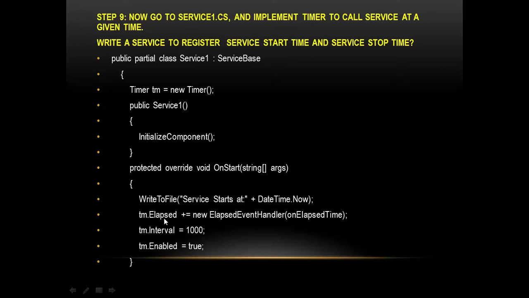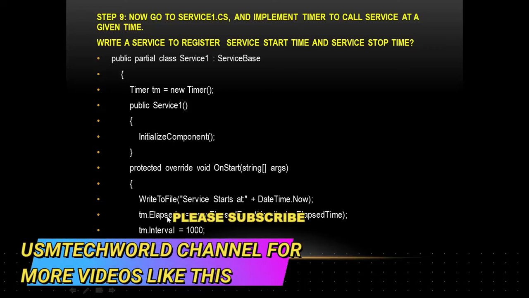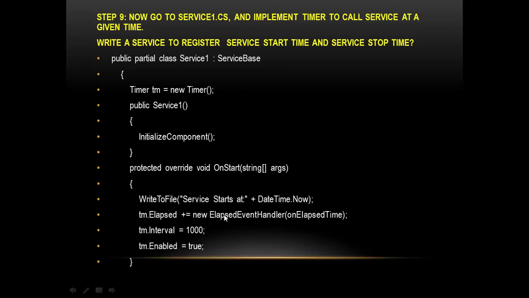You have to write three things here: timer.Elapsed, timer.Interval, and timer.Enabled. Timer.Elapsed is the event handler for calling the logic, the timer interval is within how many seconds or minutes you are going to call the service, and timer.Enabled equal true means you are making the timer true or false.